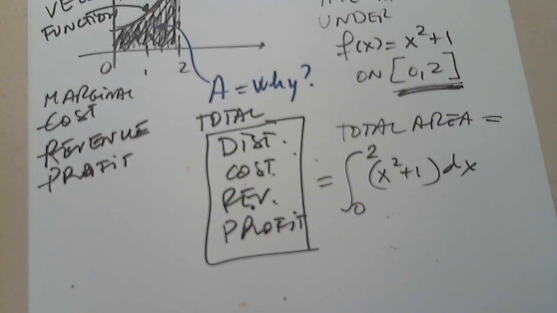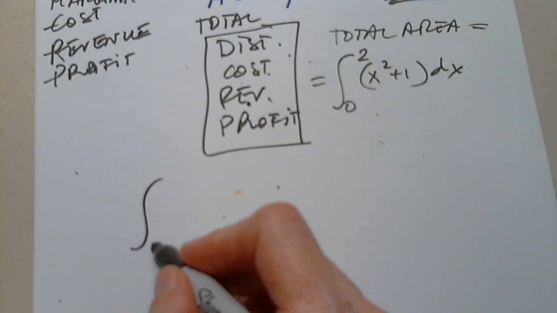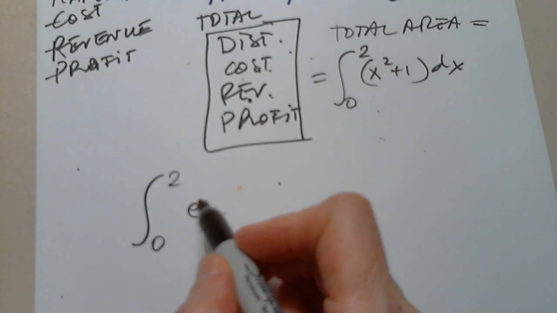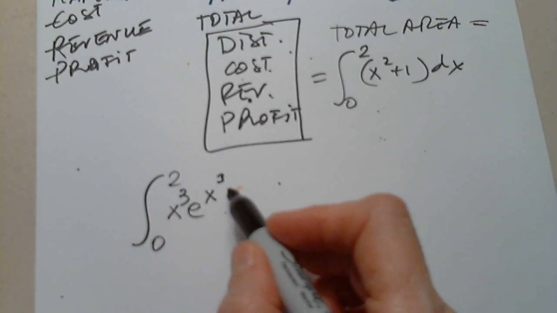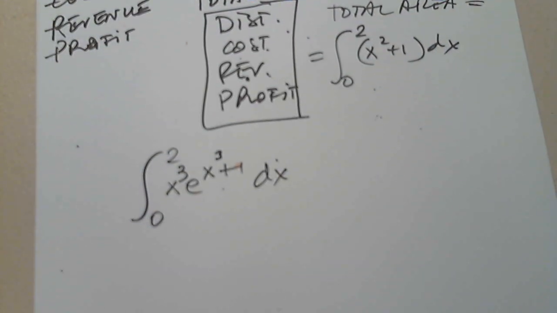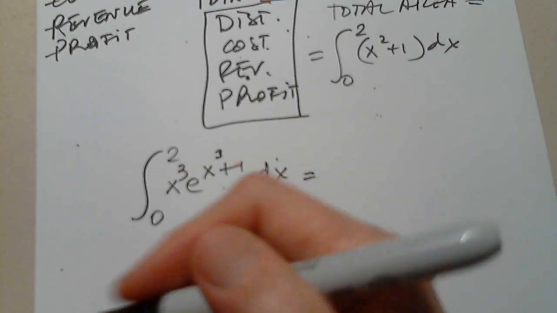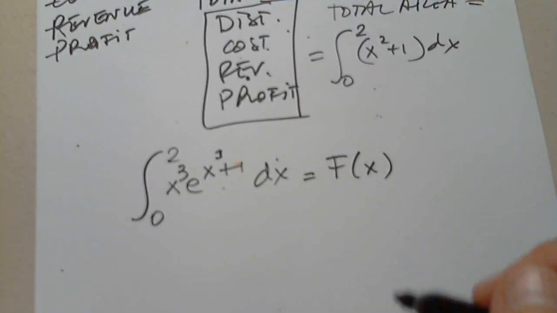Also, I mentioned something else last time. For example, if I have the integral, let's say from 0 to 2, of e to the x to the third, plus 1 dx. We are not going to determine this. Several functions, in certain situations, the computer, the calculator, will determine the antiderivative.